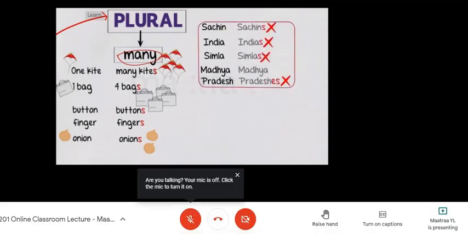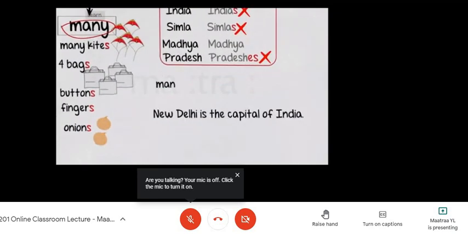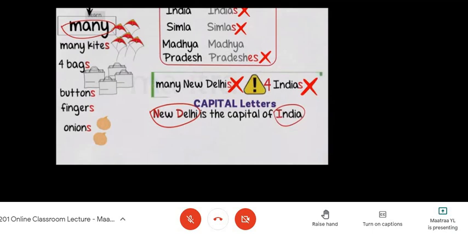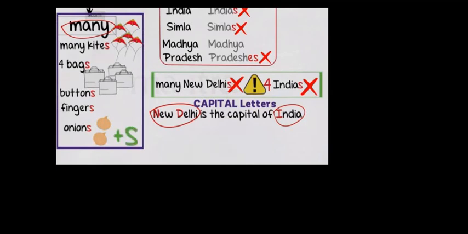But names like Sachin, India, Simla, Madhya Pradesh can never become plural. So let's say New Delhi is the capital of India. We cannot say many New Delhis or 4 Indias. Names always begin with capital letters, even if they are in the middle of a sentence, and they cannot become plural.